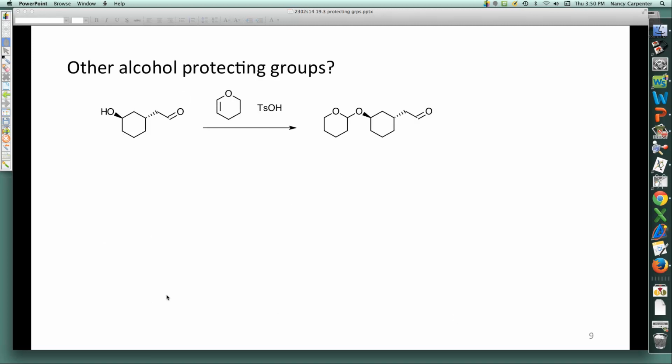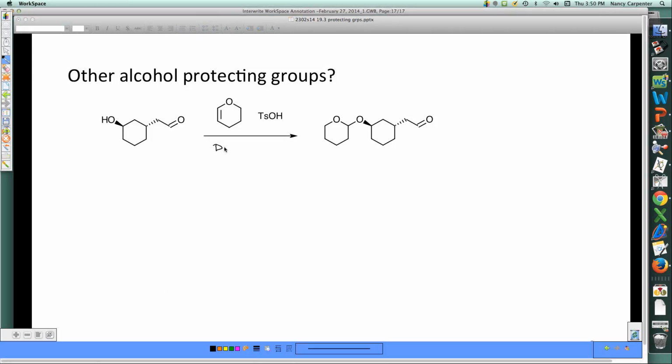There's a couple of other protecting groups to talk about. One is shown here. This is dihydropyran. And I just want to quickly show the mechanism for you. Basically, recall that this is tosic acid, so this is a nice strong proton donor, which I will show as just H+.